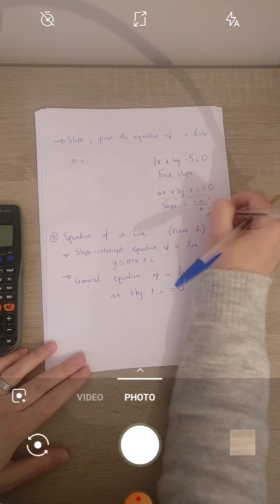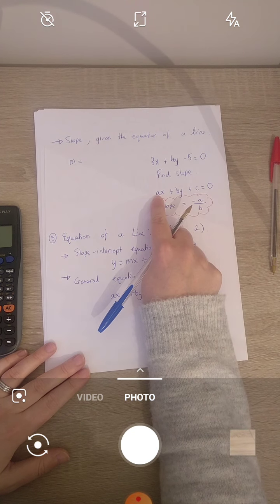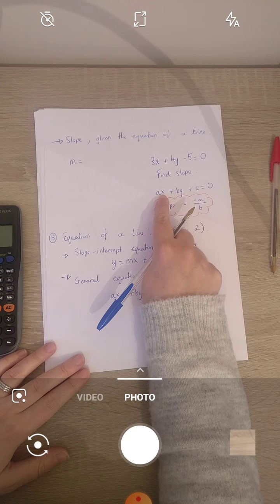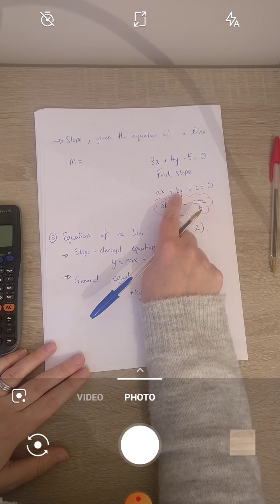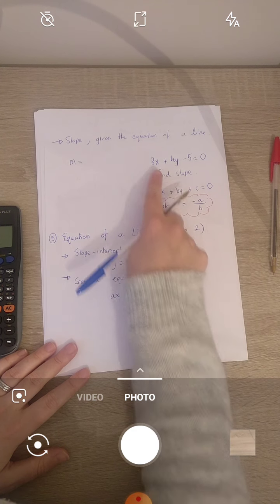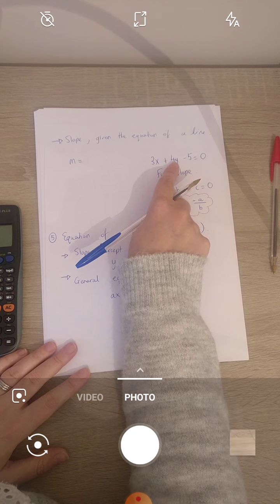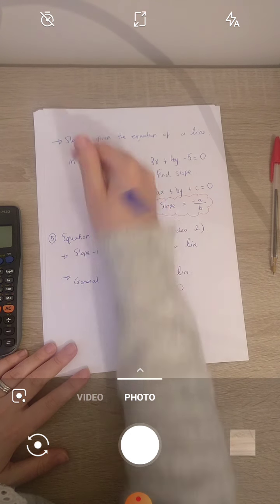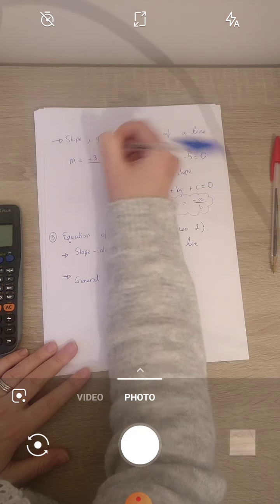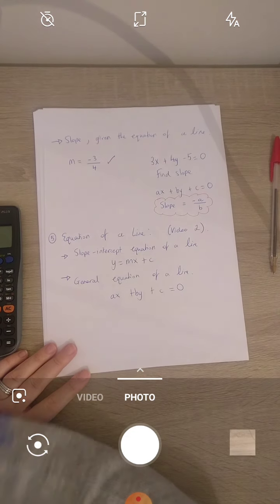Okay, so a is going to be the coefficient, the number in front of x, and b is going to be the coefficient or the number in front of y. So if I was to write down the slope of this line here, it will be minus a, so minus 3, over b, which is plus 4. So that's my slope.